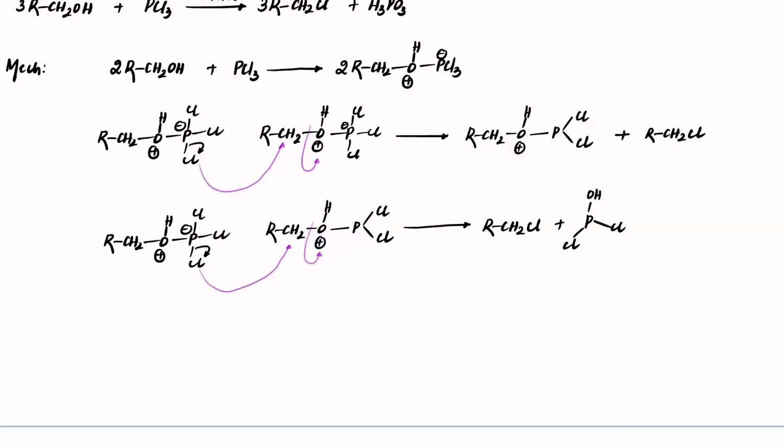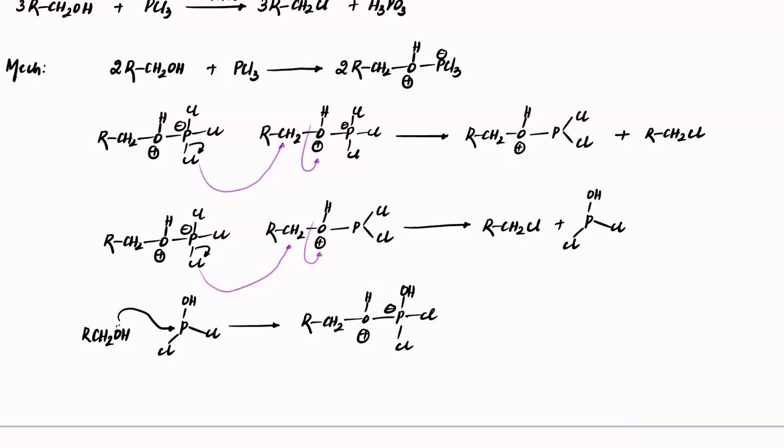Now once you get this POH Cl and Cl, now this will be reacted with the third mole now. That is RCH2OH. This will attack here and you will start getting RCH2OH plus and POH Cl and Cl with minus.